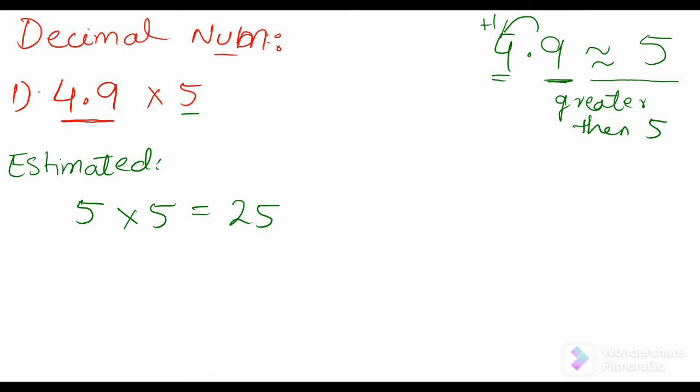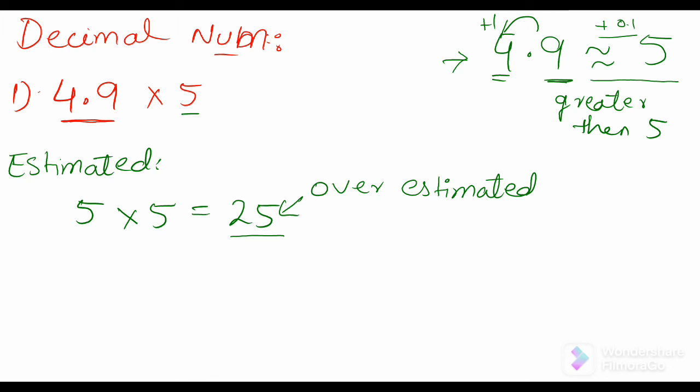Now let's look at whether this 25, our estimated product, is overestimated or underestimated. 4.9 is approximately equal to 5, which is 0.1 greater than 4.9. So it means that this estimated value is overestimated, so the actual answer must be lower than the estimated value.